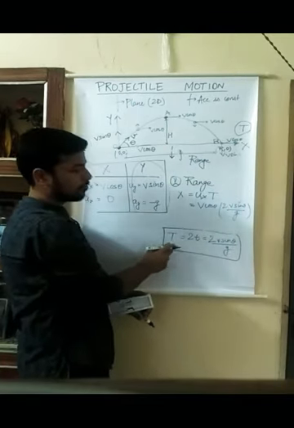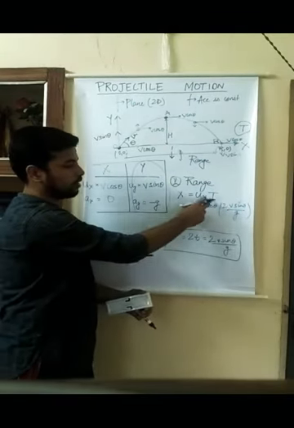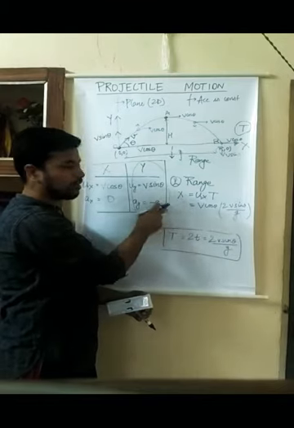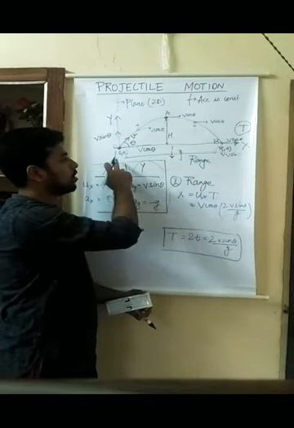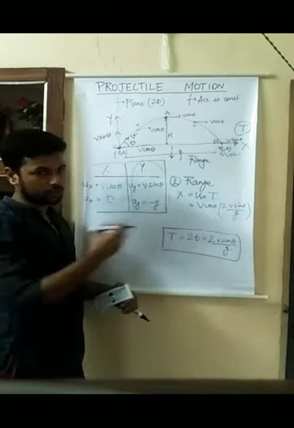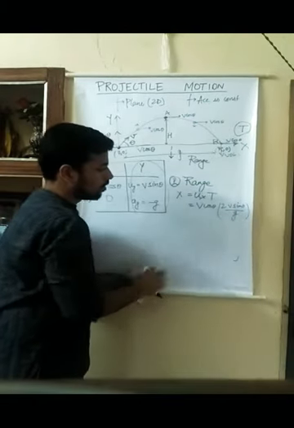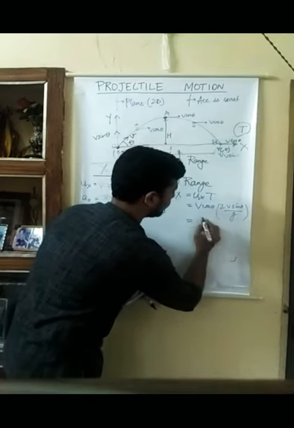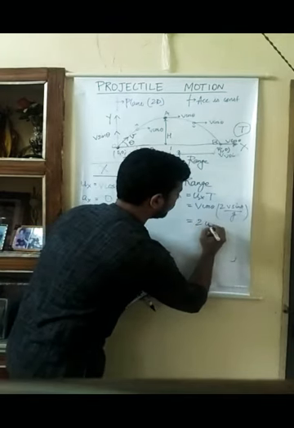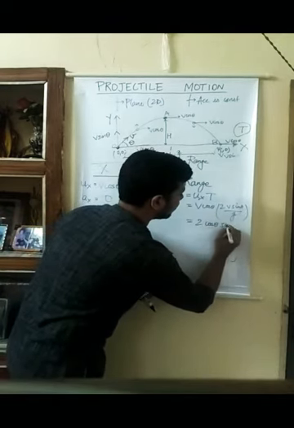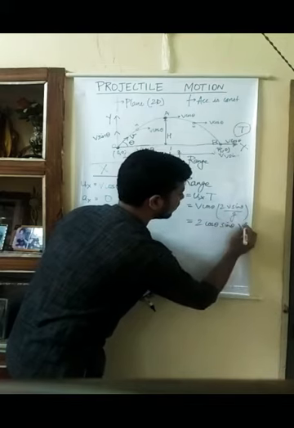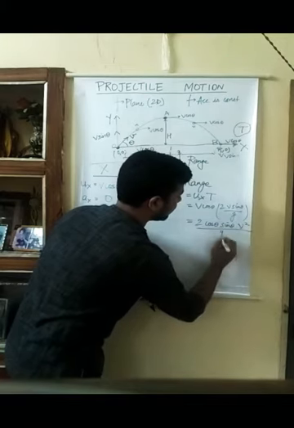We use the time of flight that we obtained over here and obtain the range of the projectile motion, that is the horizontal distance covered. This can be written as 2 cos theta sin theta v square by g.